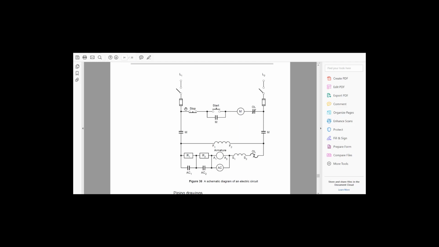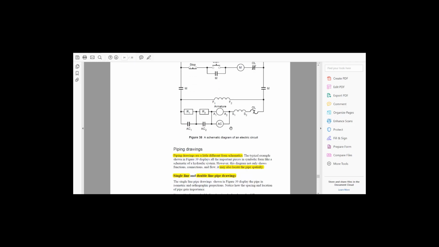When the circuit is completed from one leg to another, the current starts flowing and the system is closed. So these schematics are usually used for troubleshooting, and they just give you a general idea of how this system works, either electrical, hydraulic, or pneumatic.